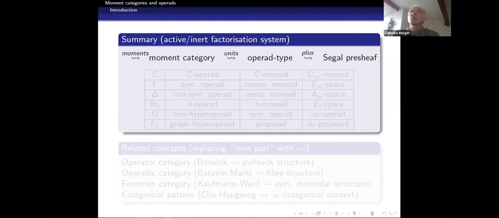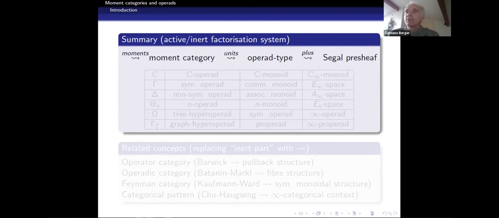So to each category corresponds a certain type of operads. And then you can try to represent these operads in a different way. One way to do so is by using a plus construction. Then you can represent the operads as a presheaf satisfying certain Segal conditions. So this is more or less what I want to explain to you in more detail.